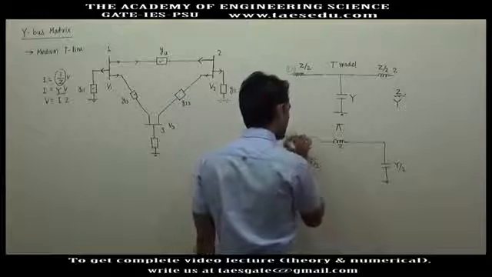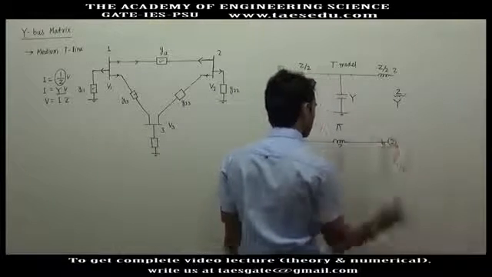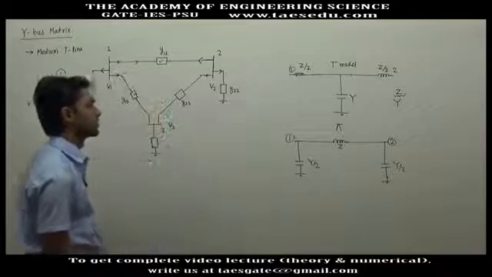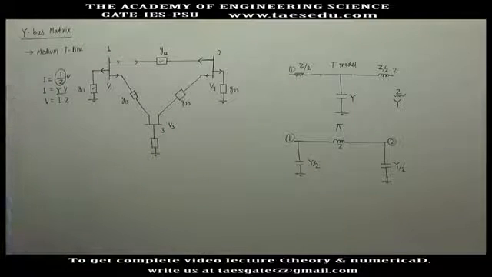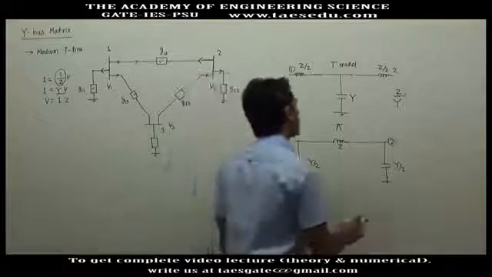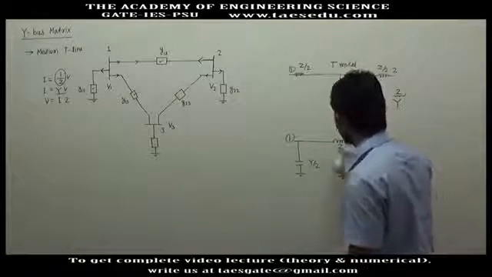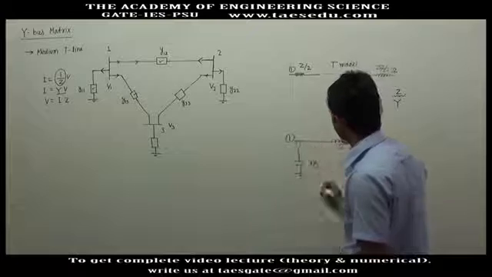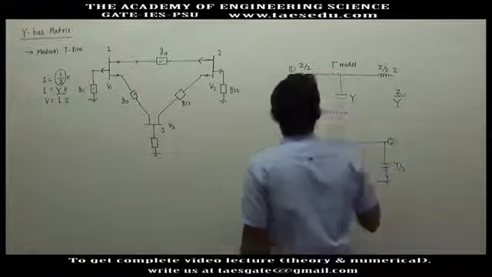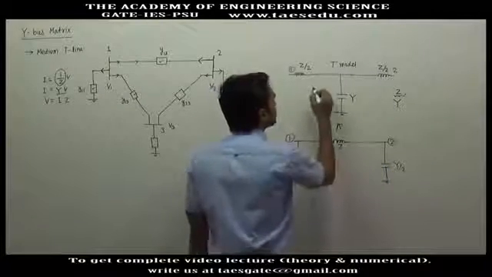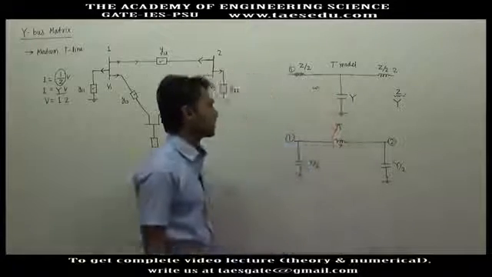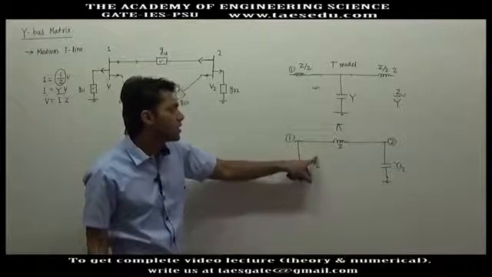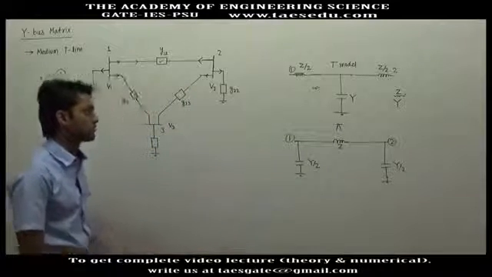This is end 1, this is end 2. This is the pi model. If you are given any of these two models, you have complete information about the medium transmission line. If the medium transmission line is given in the T model, you can convert it into the pi model and vice versa.